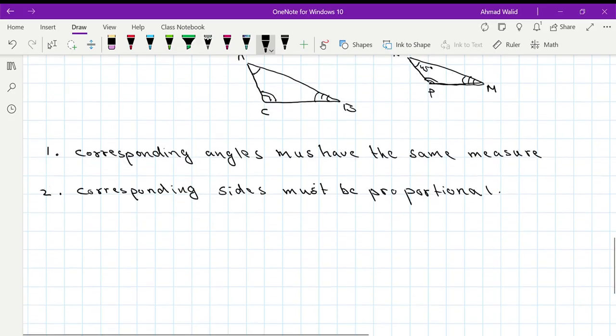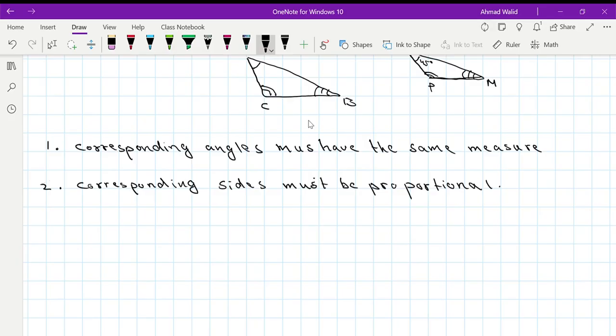What does it mean? Corresponding sides must be proportional.